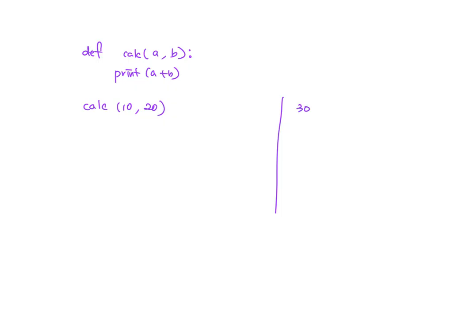When two values are provided, A and B will be defined as integer variables with numbers 10 and 20 each. And then when you add them, you get 30.